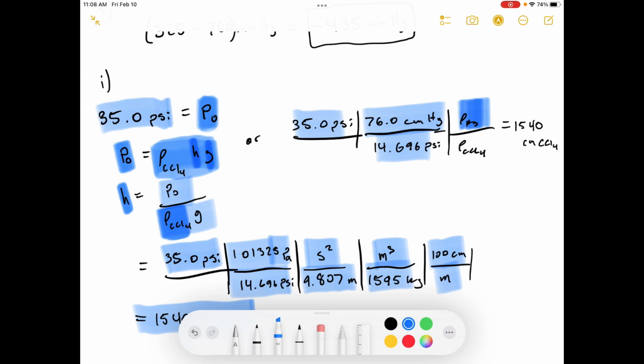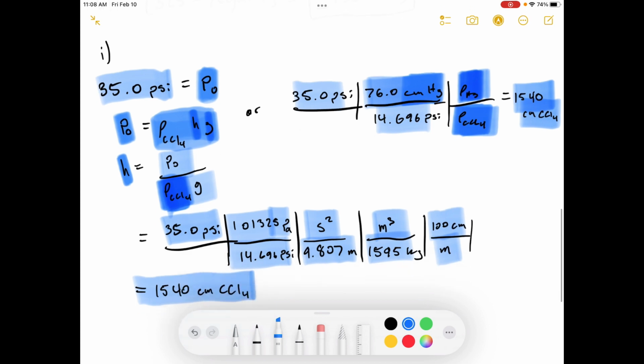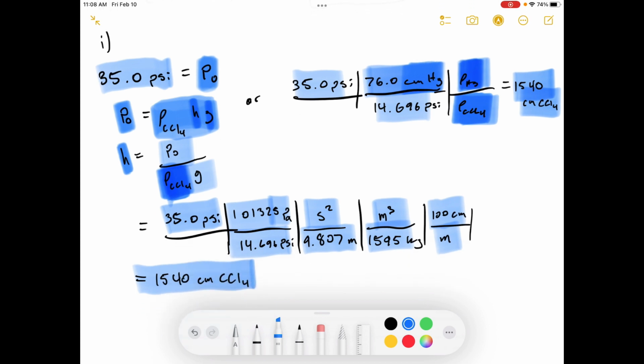Okay, so you multiply by the mercury, and that cancels out the mercury head, and then you divide, like we did here. You divide by the carbon tetrachloride, and then you end up with the carbon tetrachloride here. And you can see that they're equal to each other, these two methods. So, all right, that is it for problem number 3.32.